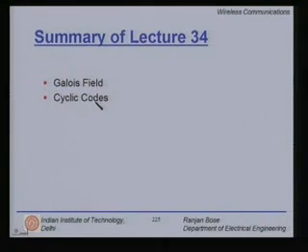Then we realized that there is a notion of a generator polynomial in cyclic codes, and the analogy does not stop there. You have a syndrome polynomial and a parity check polynomial. We also realized the importance of taking modulo x^n minus 1, so that when you multiply g(x) by any valid polynomial, you do not overshoot the block length.